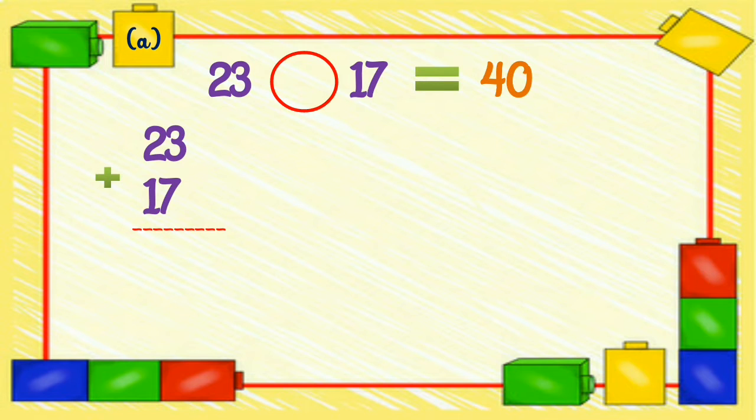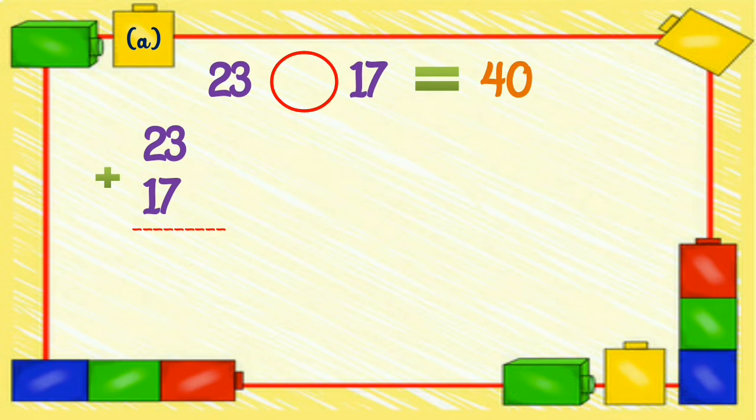Here we can write plus: 23 plus 17. So firstly, write 23 plus 17.